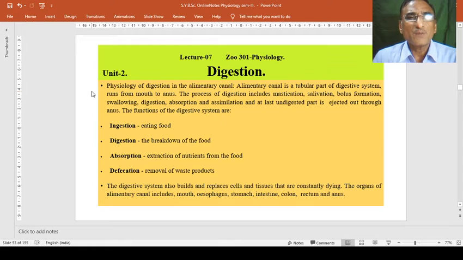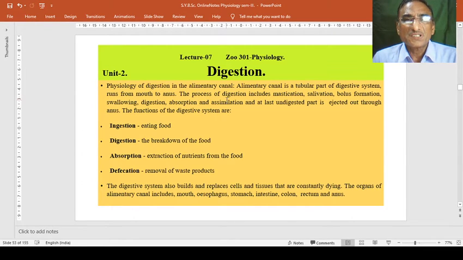Physiology of digestion takes place mainly in the alimentary canal, because in the digestive system there are two main parts: the alimentary canal and associated digestive glands. The alimentary canal is a tubular part of the digestive system that runs from mouth to anus.